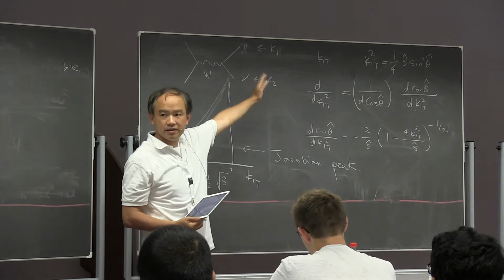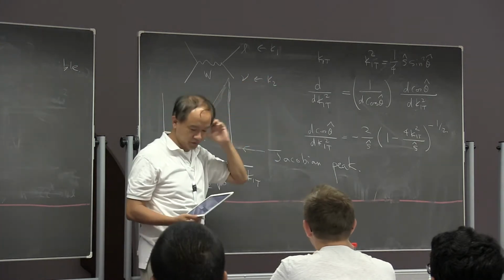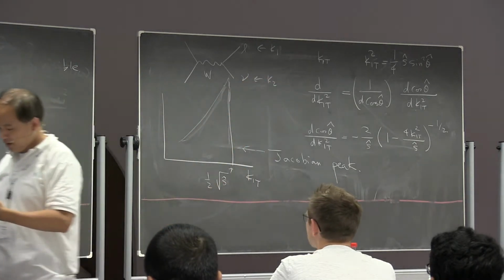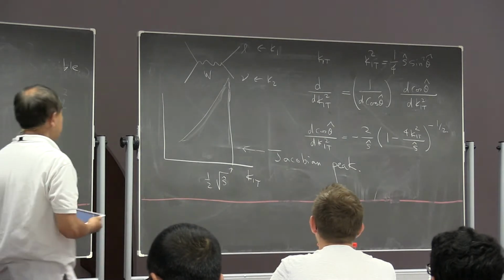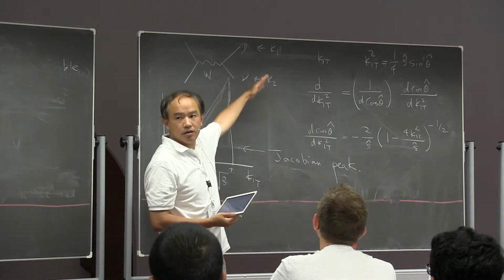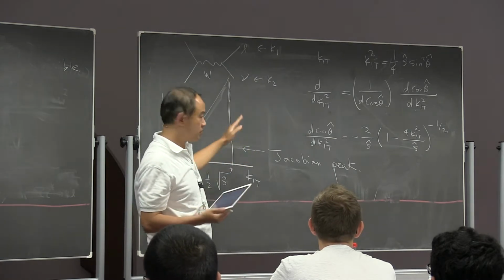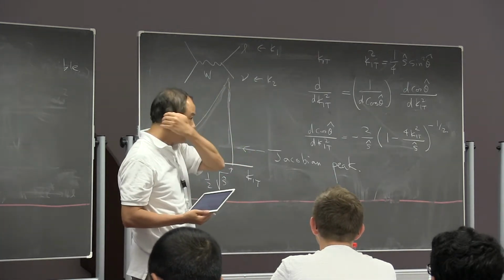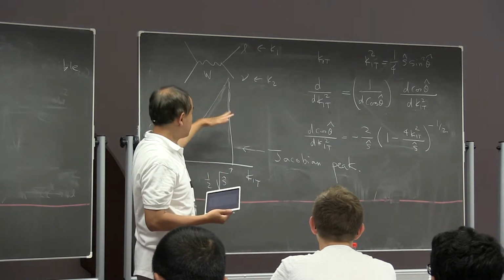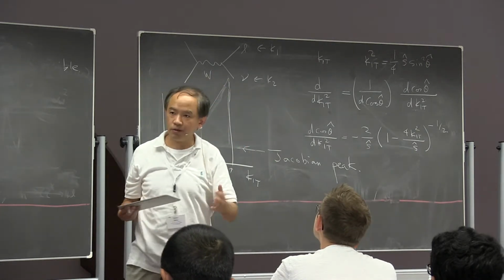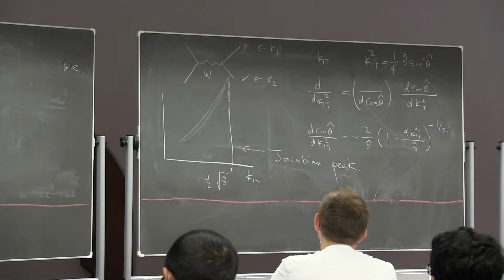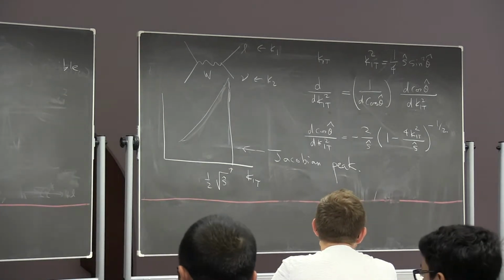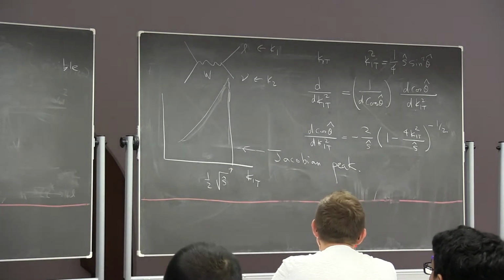But in reality, there may be some additional radiation. So you want to construct something that still has a peak and an endpoint, but is relatively independent of whether you have additional radiation or not. This is something called the transverse mass.